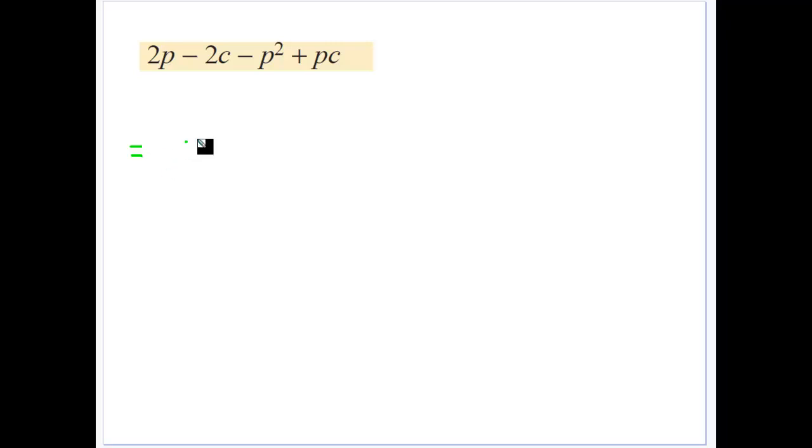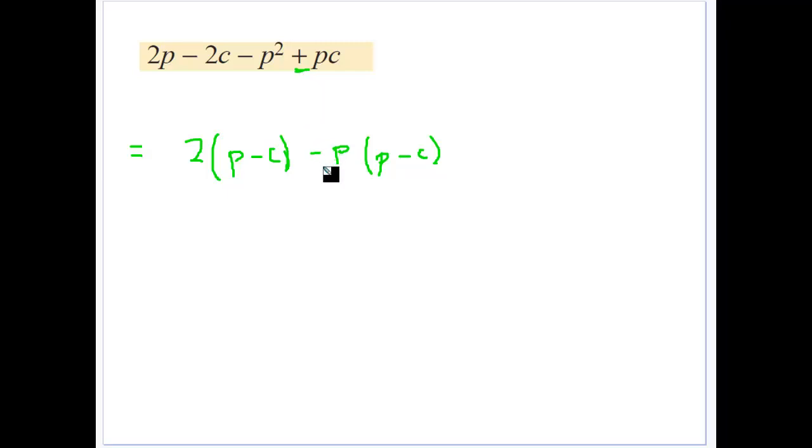2p minus 2c, well, 2's common. Let's get a p minus c there. And we've got minus p squared plus pc. Now, if we look at this one, if I take a minus p out there, that's going to leave me p in this one, because minus p times p gives us minus p squared. But minus p times what would give me pc there? The trick here is that must be a minus c, because minus p times minus c gives us that positive.